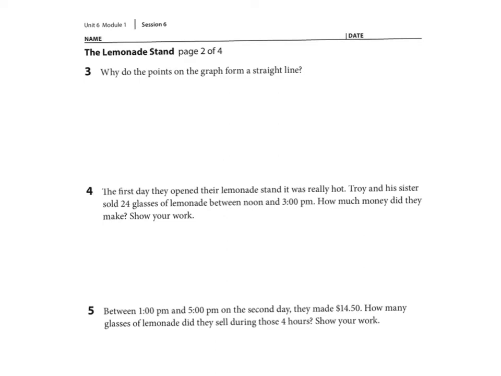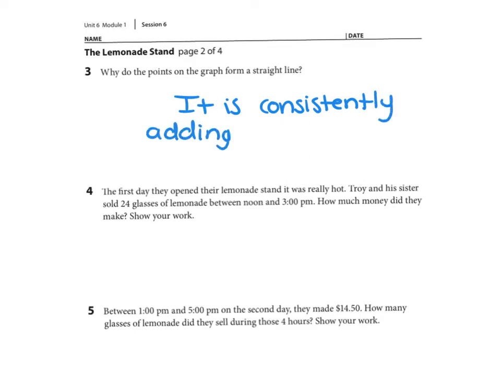So the points on the line form a straight line because it's consistently adding 50 cents each time, for each glass.